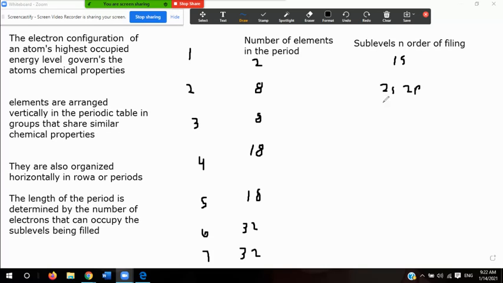In period 3, 3s and 3p. 4s, 3d, and 4p would be the fourth period elements. 4s, because remember that we talked about that in other examples. Fifth period elements are 5s, 4d, and 5p.